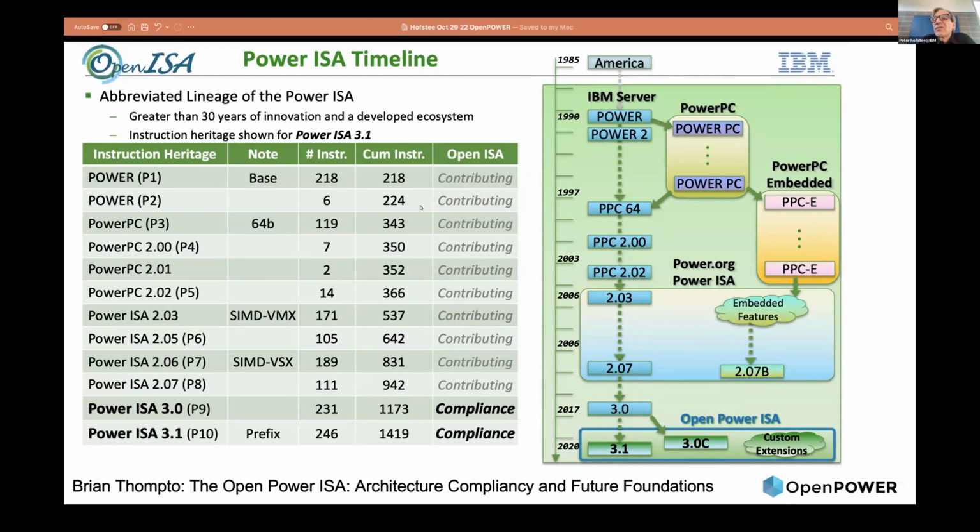And when we look at the matrix multiply assist later on, you'll see some examples of how that proliferation occurs. It's still a reduced instruction set in the sense that it is based on instructions that operate on registers, rather than more complex things that operate on memory and are implemented with microcode.